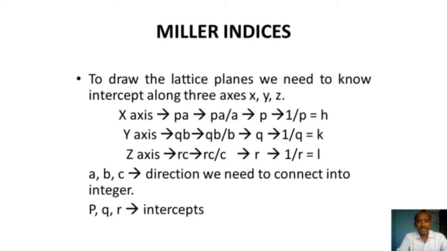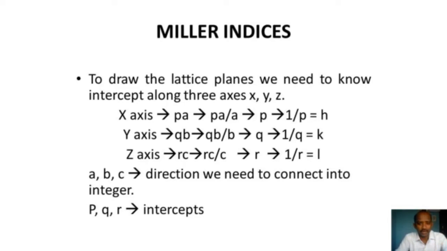To know the orientation of these lattice planes, Miller found a method. To draw a lattice plane, we need to know the intercepts along the three axes x, y, z. So first we need to consider the three dimensions, that is the x axis, y axis and z axis.